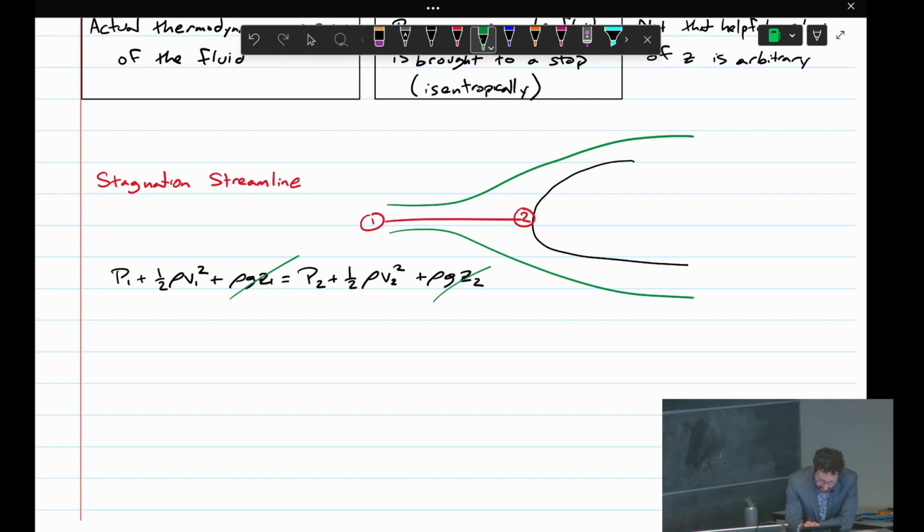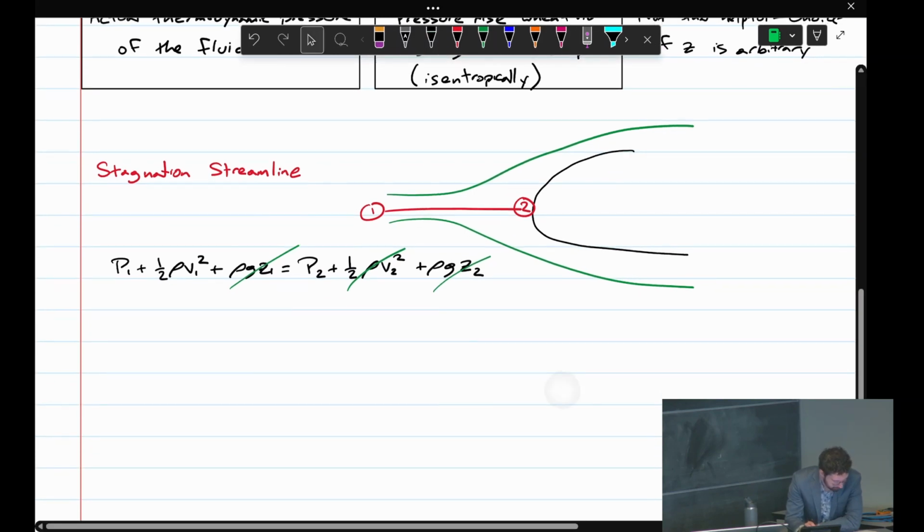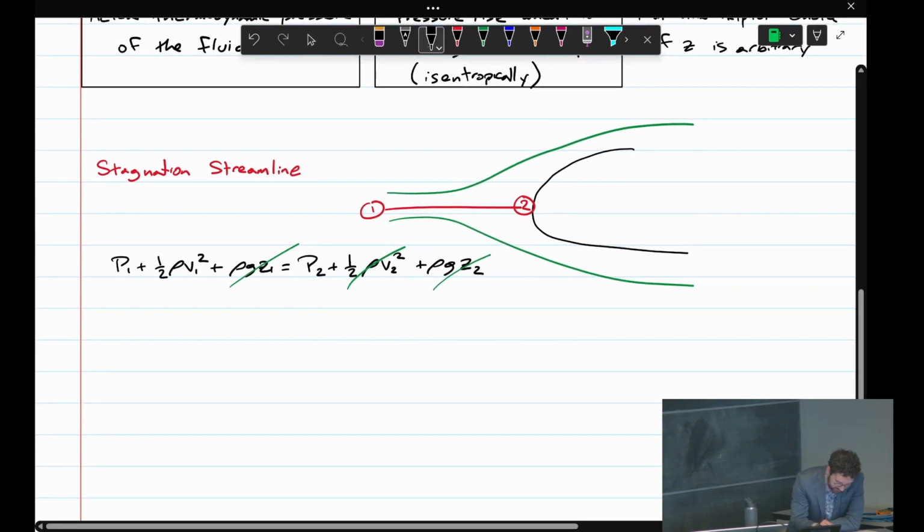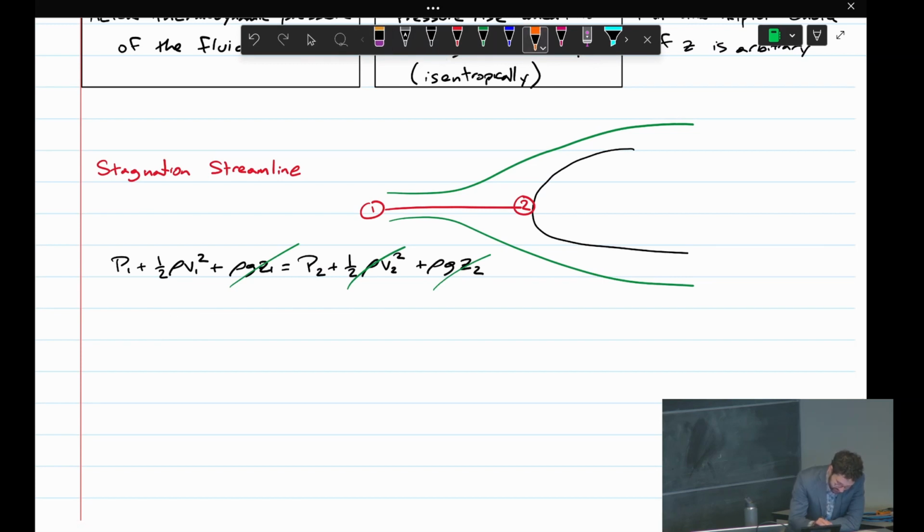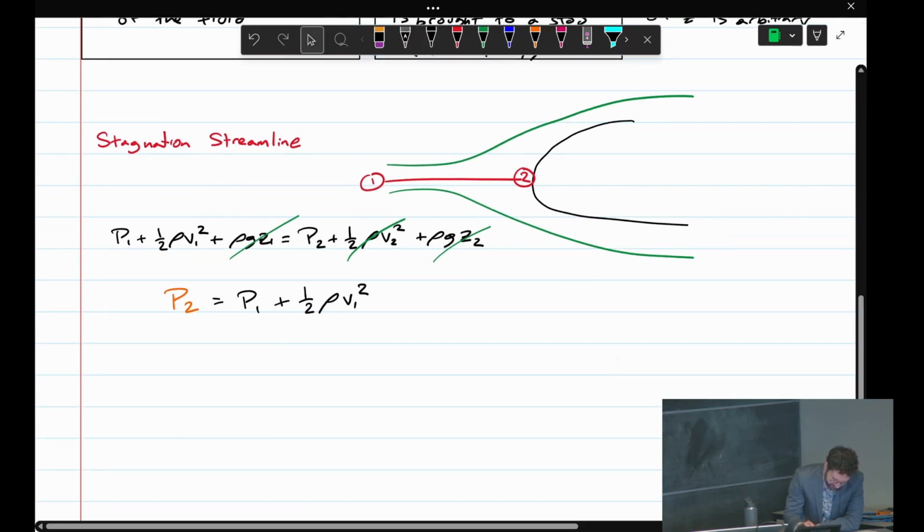The other thing we know immediately is that at point 2, the velocity is 0, so we can get rid of that. So this gives us the relation: P2 is P1 plus 1/2 rho V1 squared.